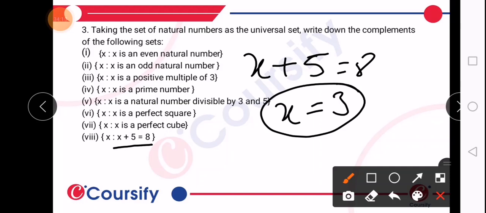Then out of the set of natural numbers, the complement of such a set is anything that is not 3, that is 1, 2, 4, 5, 6, 7 and so on. Thus the complement of set x is any number that is not 3.